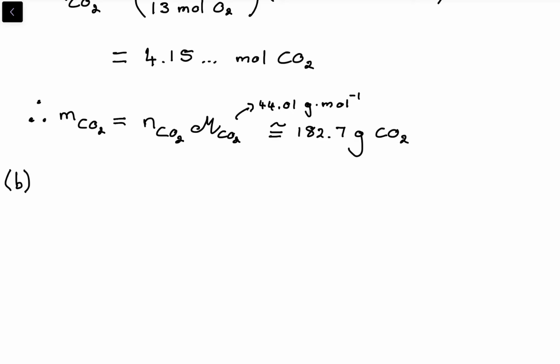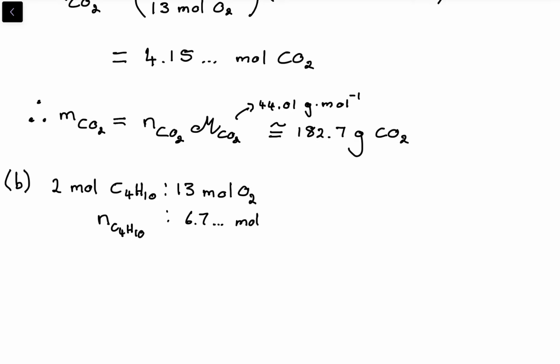So what we relate now is 2 mole butane to 13 mole oxygen. Right, we want to determine the number of moles of butane that 6.7 mole of oxygen would have reacted with.